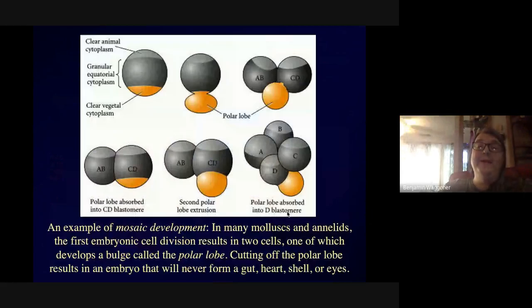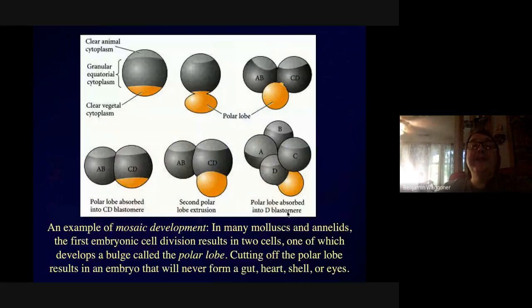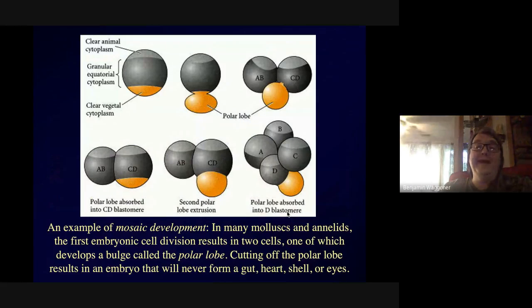And here's why. At the top left, you've got a freshly fertilized snail egg. The first thing that happens is that snail egg develops a bud. This blob of cytoplasm buds off, but never quite splits off, and it's called the polar lobe.